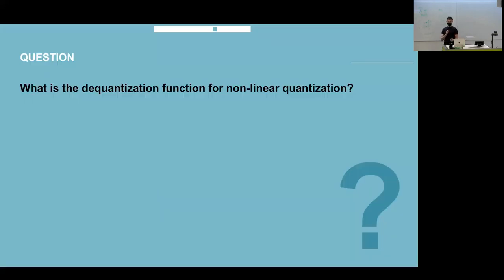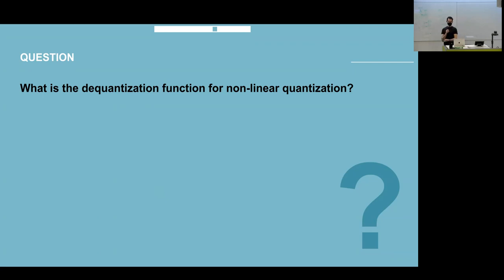We talked about quantization and dequantization functions before. My quantization function here is the k-means clustering algorithm, so it's definitely a nonlinear function. It performs this algorithm and finds this table of indices to floating point numbers.